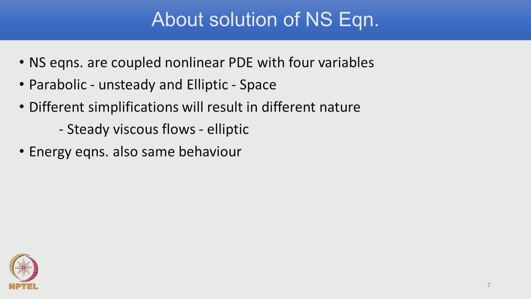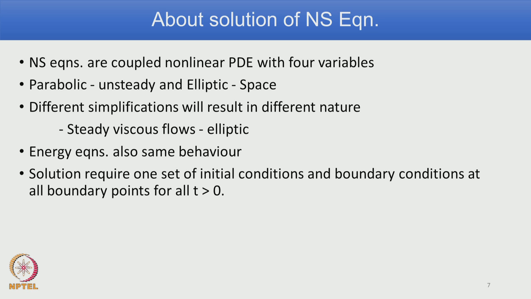We can also classify the energy equation, and simplify it for different situations to get different nature of equation. So, the solution requires one set of initial conditions and boundary conditions at all boundary points for time greater than 0.